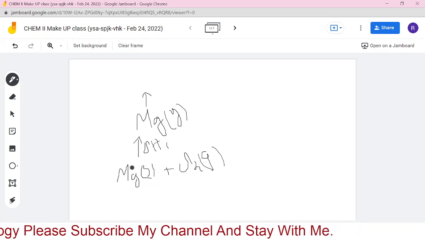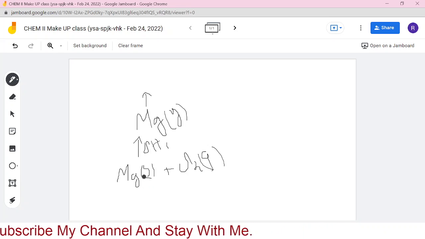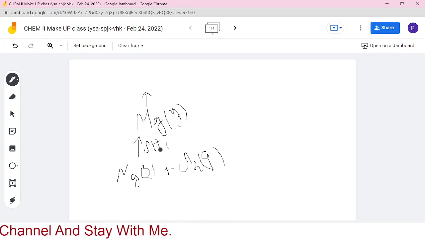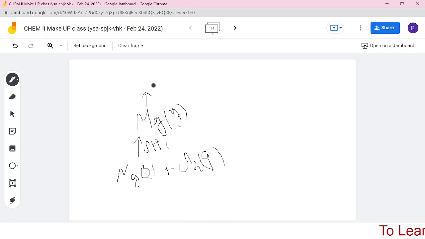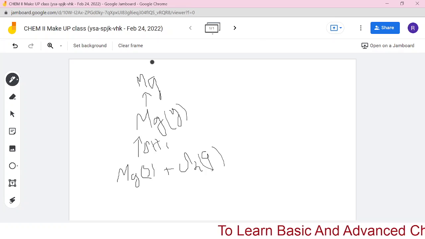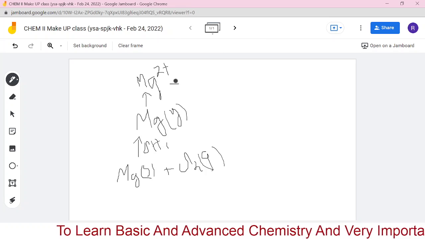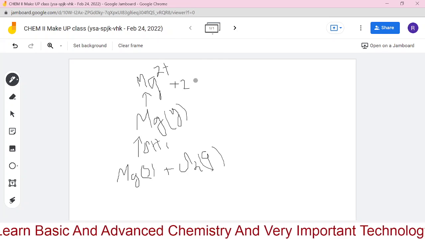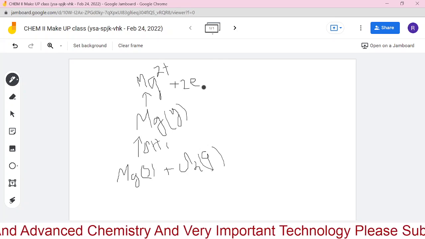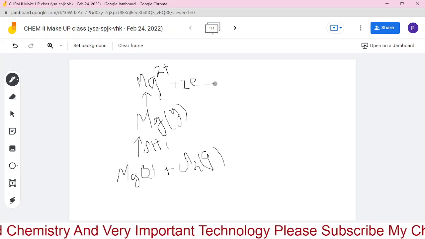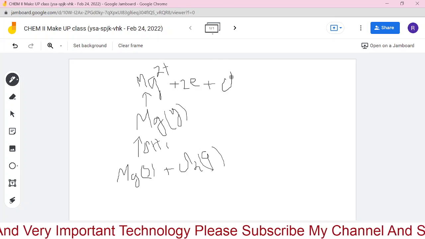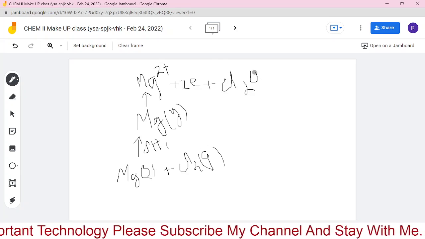Okay, so first we will start from the magnesium solid and chlorine gas. Then we will convert the magnesium solid into magnesium gas. Then we will release 2 electrons. So we will have Mg2+ plus 2 electrons, and then we already have Cl2 in gaseous form.